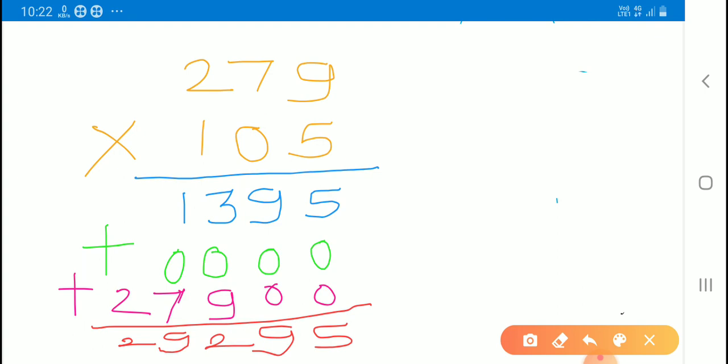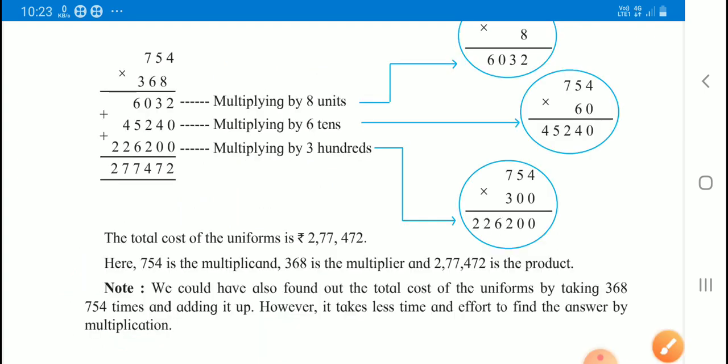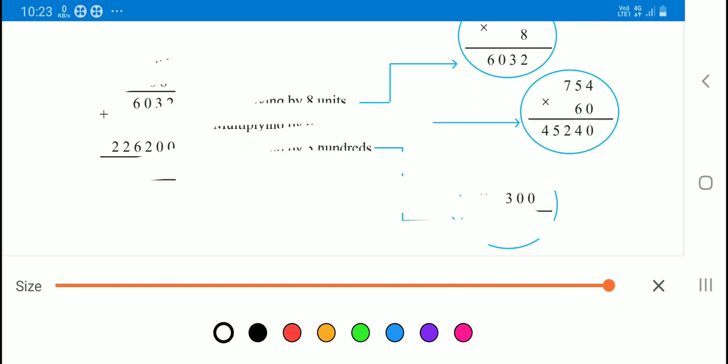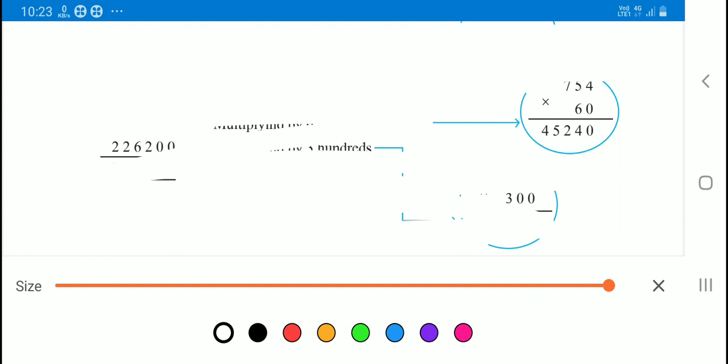Now we will see the next multiplication. That is, we will multiply a 4-digit number by a 3-digit number. Okay, for that we will see the example. Again we have to make some place here to solve the example.